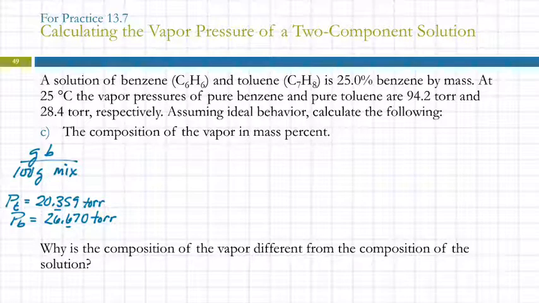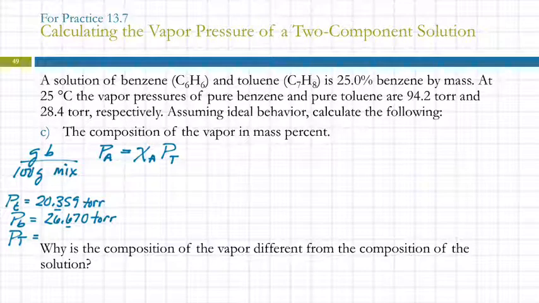So a while back when we were talking about gases and partial pressures, we said that the partial pressure of a gas is equal to the mole fraction of that gas times the total pressure. So could we figure out what the mole fraction of benzene is in the gas? We know the partial pressure of benzene, and we know the total pressure, right? So let's just write the total pressure in here as well.